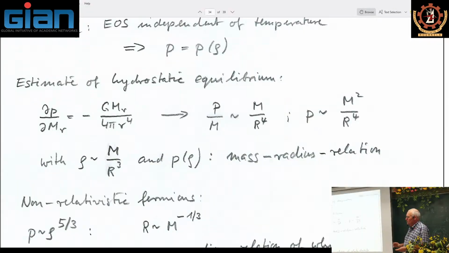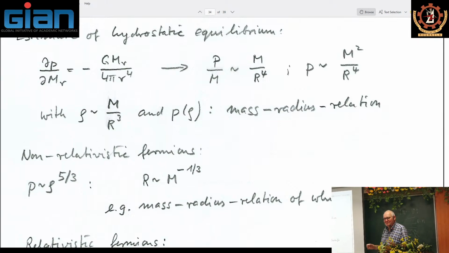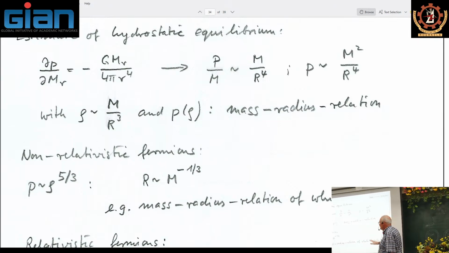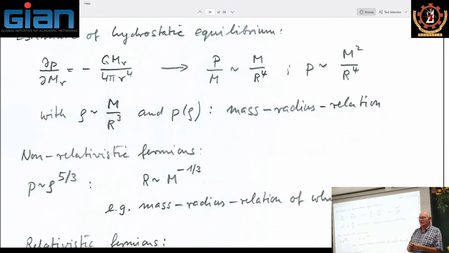Well, what will be the consequence? I have to say there are of course stars which satisfy this mass-radius relation and which are very nicely described by the equation of state of a non-relativistic degenerate gas.